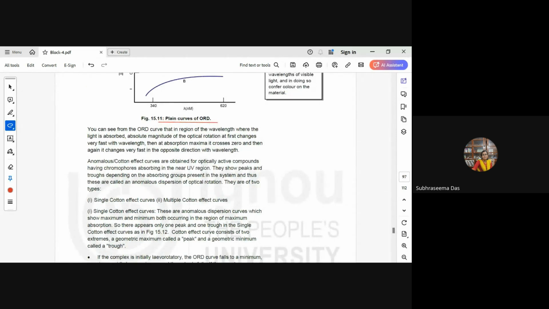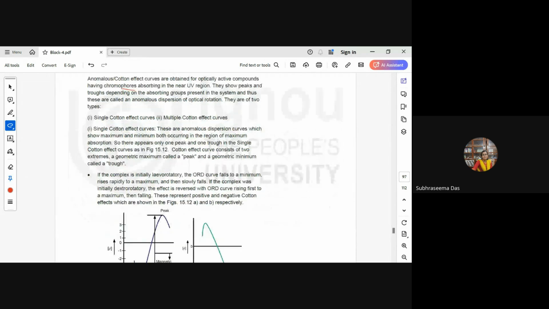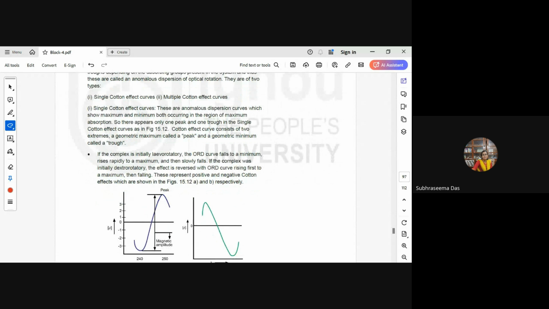Now the anomalous curves, or the Cotton effect curves, are obtained for optically active compounds which have chromophores. Chromophores are the molecules that can absorb in the UV region. They are of two types: the single Cotton effect curve and the multiple Cotton effect curve.